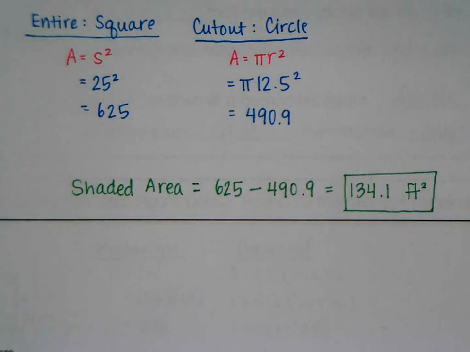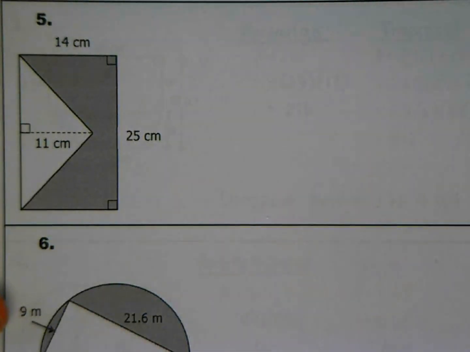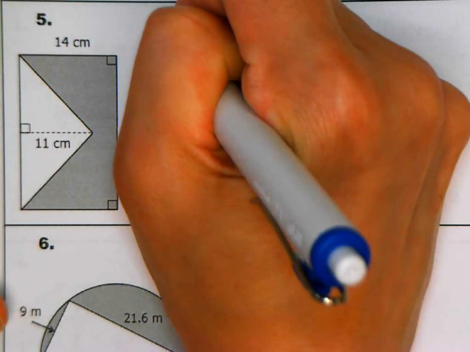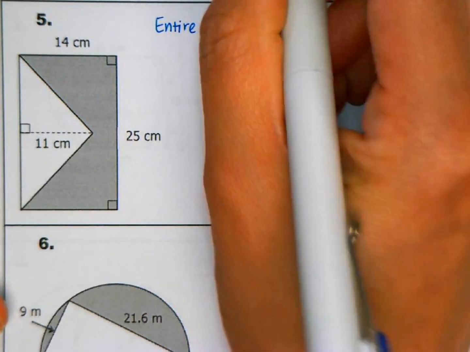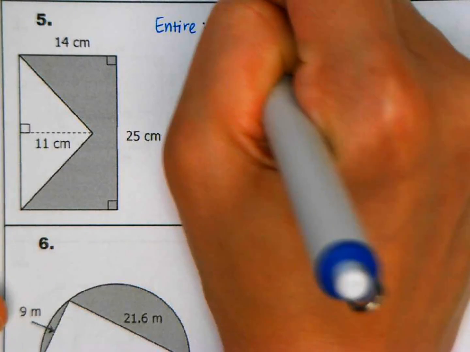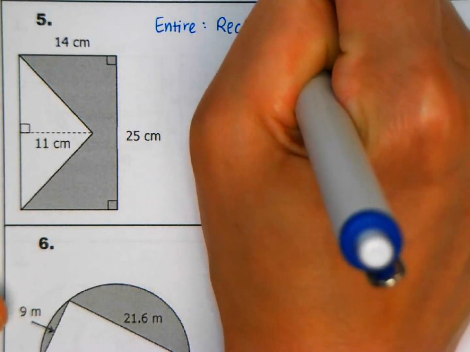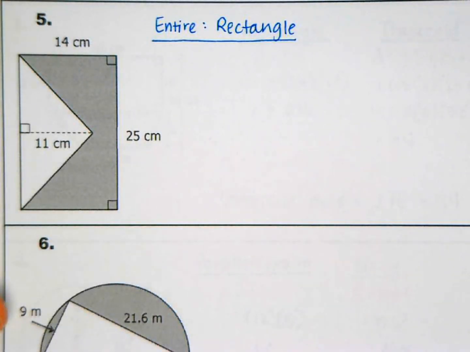All right. What is the shape of the entire figure, of the original figure before we did any cutouts? All right, go ahead and find the area of this rectangle.